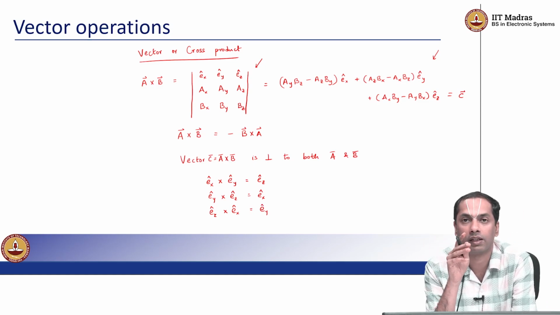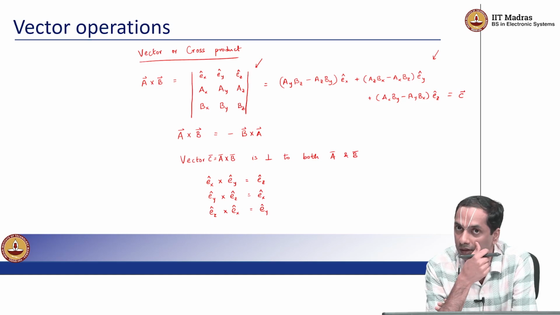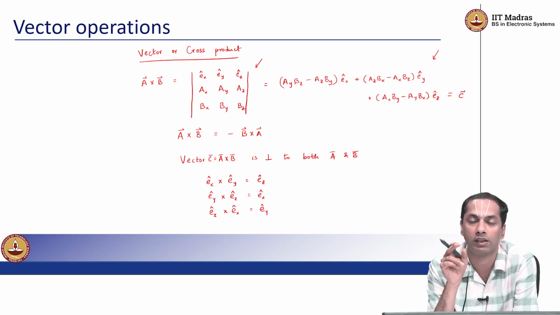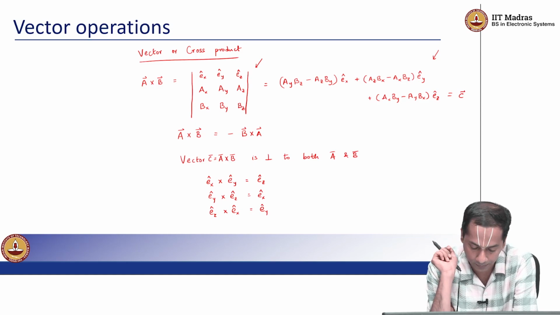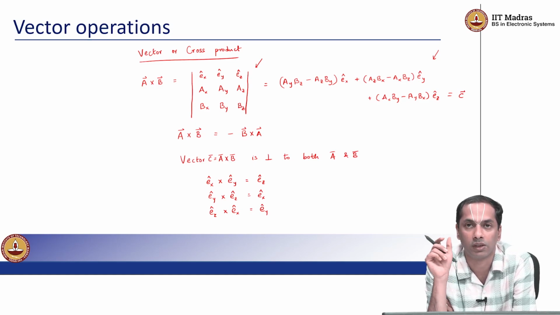So if I take any two of the unit vectors and take the cross product, I essentially get the third, but remember that I have to preserve the order. So xy gives me z, yz gives me x, and zx gives me y. As long as you maintain this order, but remember, if you just were to swap this order, you will only get a minus sign.